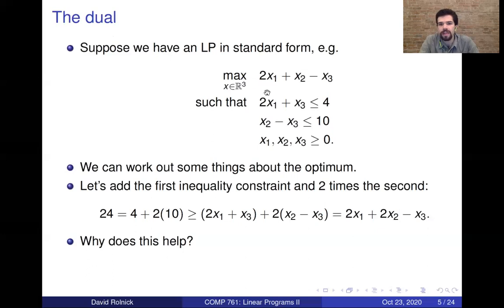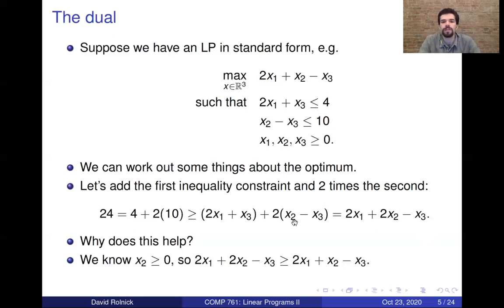It's not the same as the objective function, but it's x2 more than the objective function. And since x2 is non-negative, we know that the objective function here is upper bounded by this, which is itself upper bounded by 24. That means the objective function can't get bigger than 24. It might be less than 24. It's possible we can't get to 24. But at least we know it's less than or equal to 24, just by virtue of combining the constraints that we have.